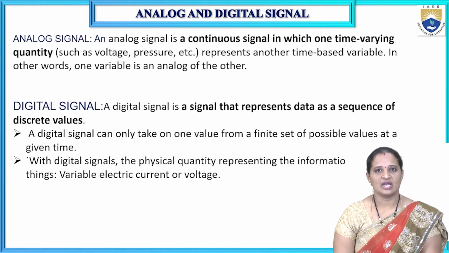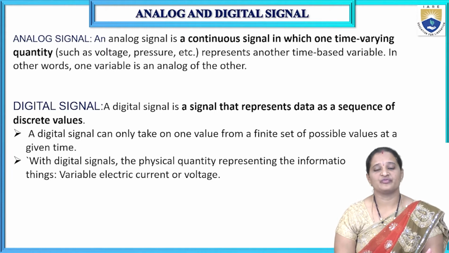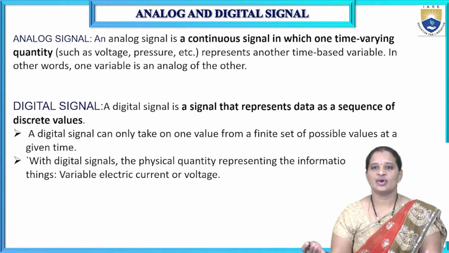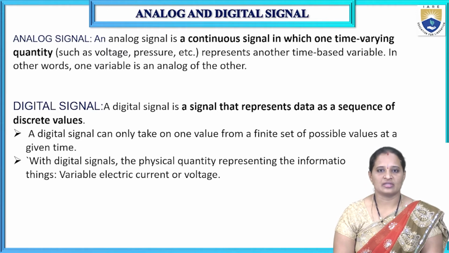In other words, one variable is analog of the other. So in a simpler way, we can define an analog signal as a continuous signal which varies continuously with respect to time. So analog indicates continuous. That is an analog signal.